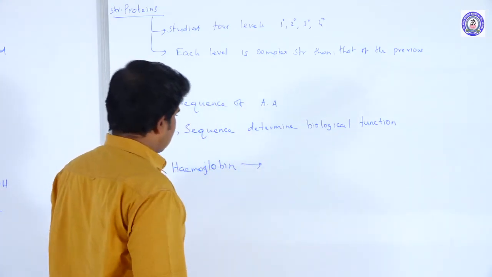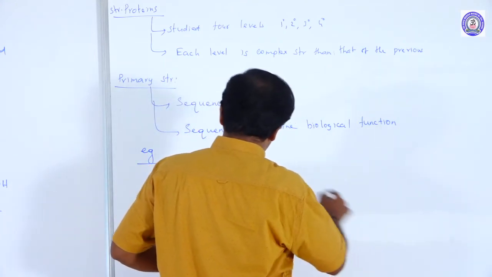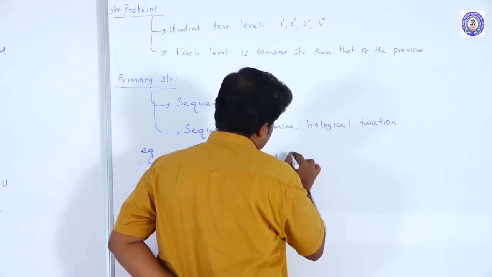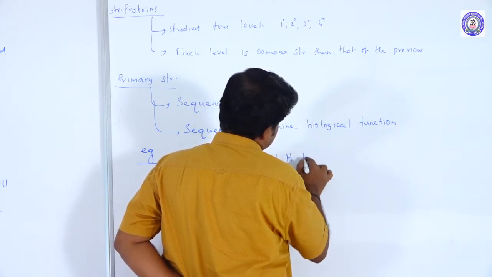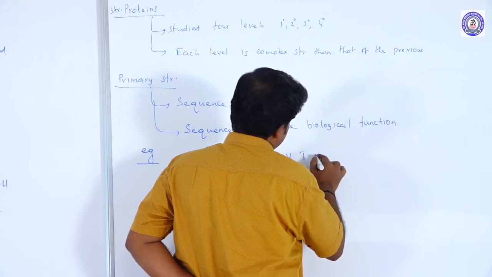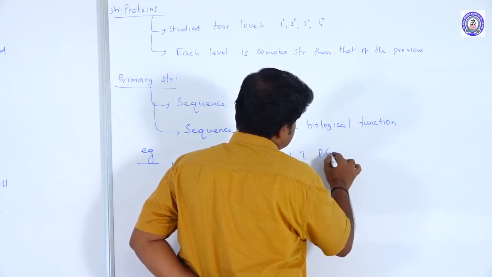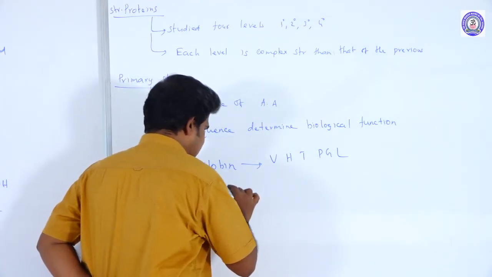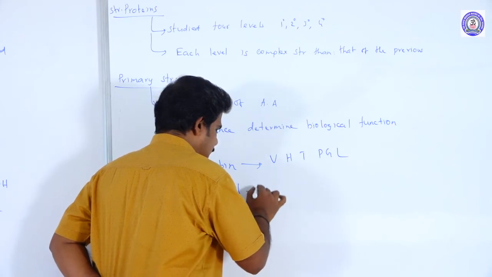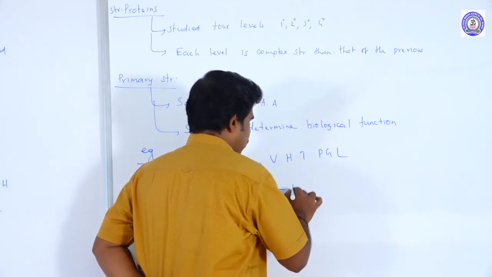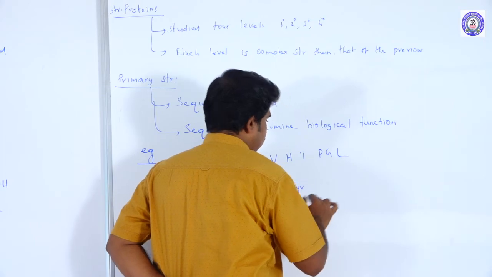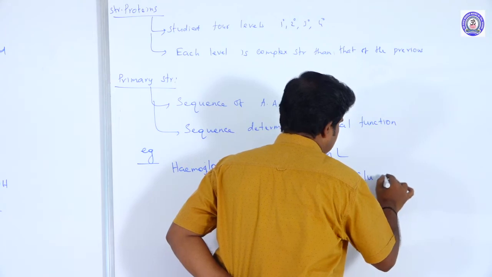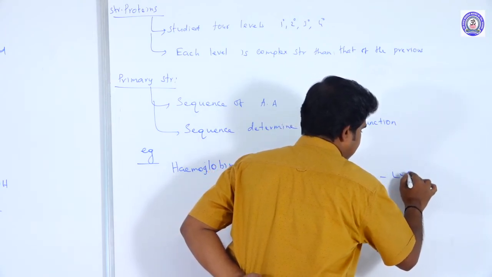In hemoglobin, it is VHLTPEEK. It is a sequence of valine, histidine, leucine, threonine, proline, glutamic acid, glutamic acid and lysine.